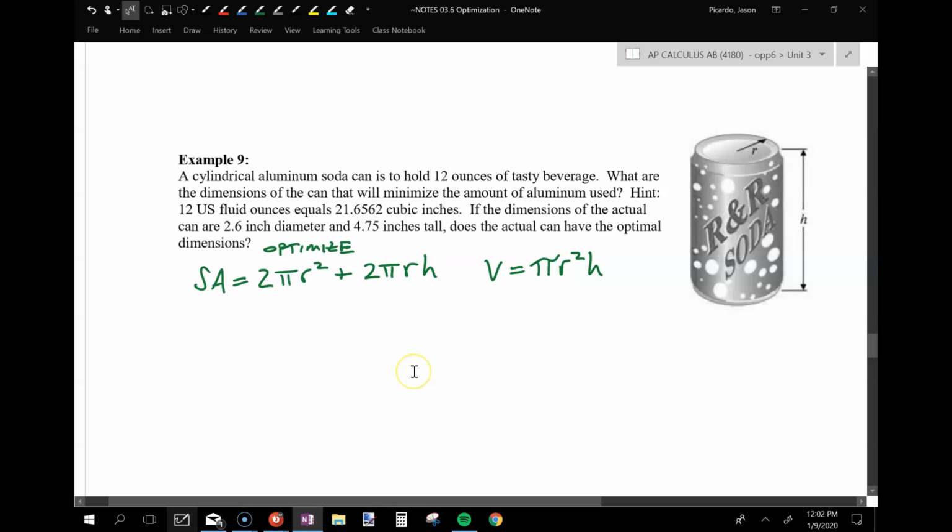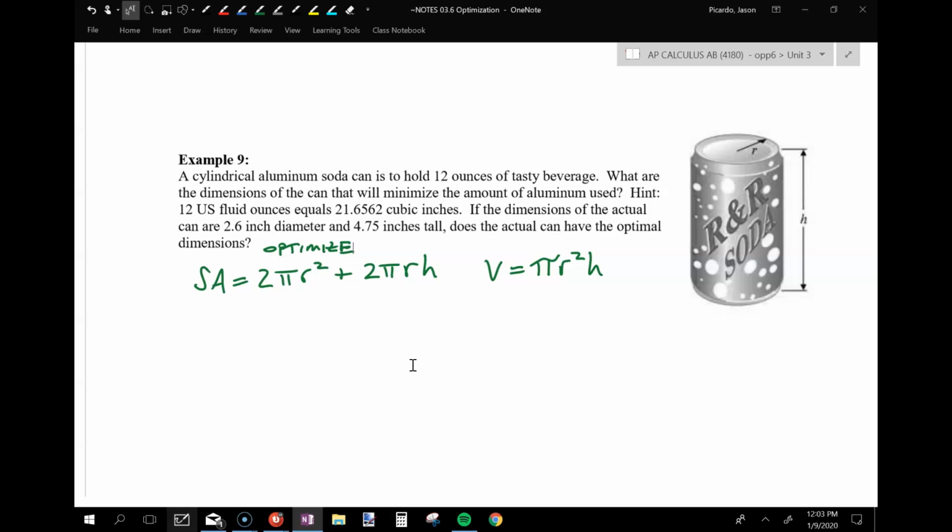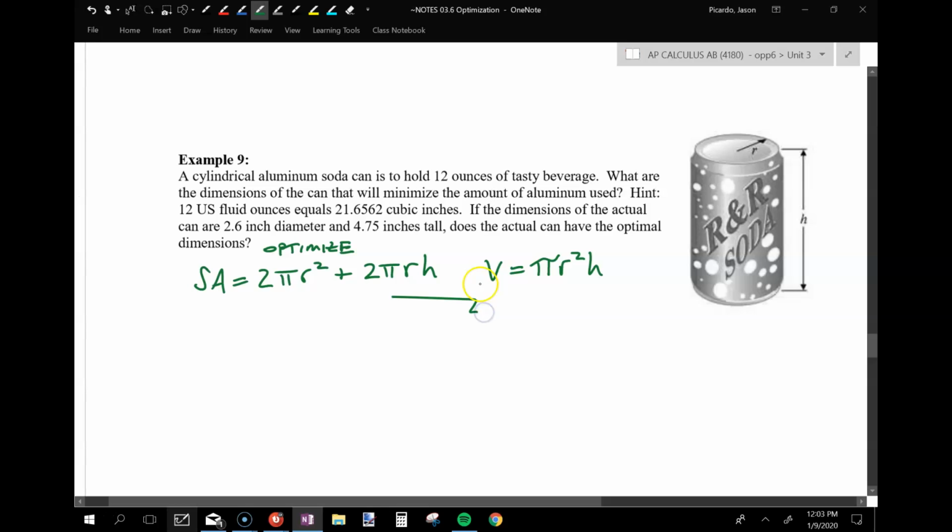Because it gives me some information about inches and wants me to compare in inches. So there's a conversion for us, right? The actual volume of 12 ounces is 21.6562 cubic inches.